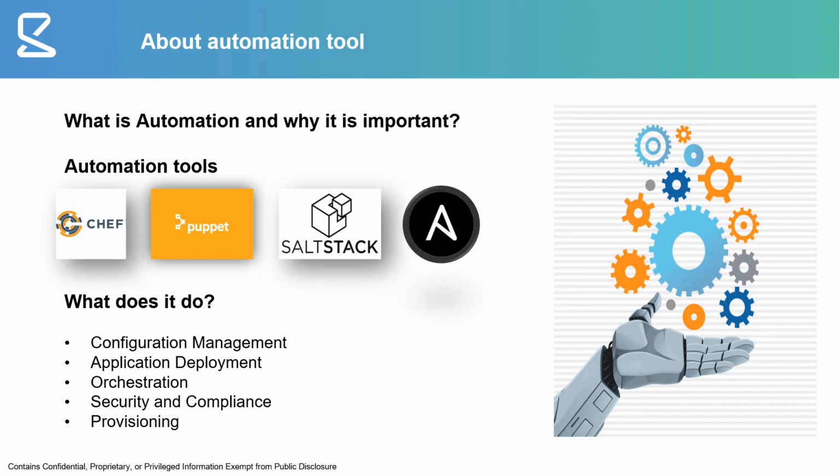With automation, it will be more convenient and helpful, because it saves most of your effort and time. Since the main objective is to reduce human effort, it's very much needed to learn about automation. And here I can show you some open source tools such as Chef, Puppet, SaltStack, or Ansible.